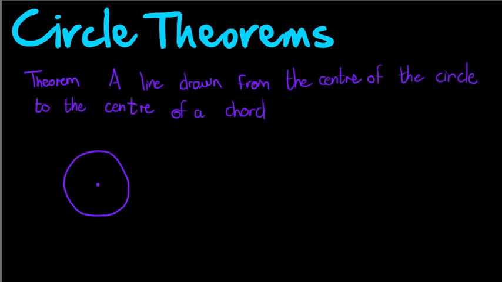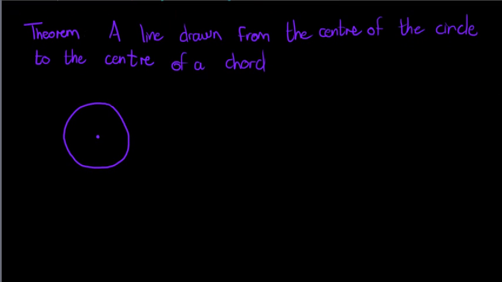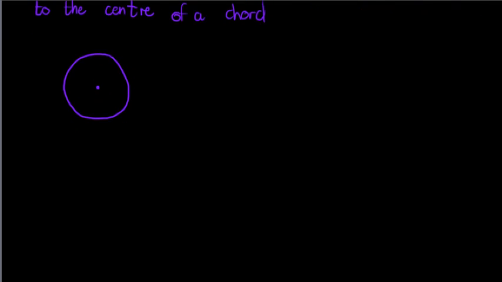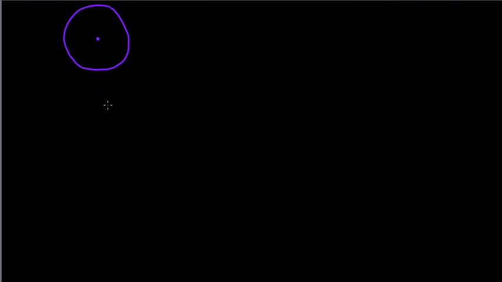Now, let's just quickly go through a few words that are going to be used. I should have started with that, I suppose. If I have a circle, that's not a nice circle, let's try again.